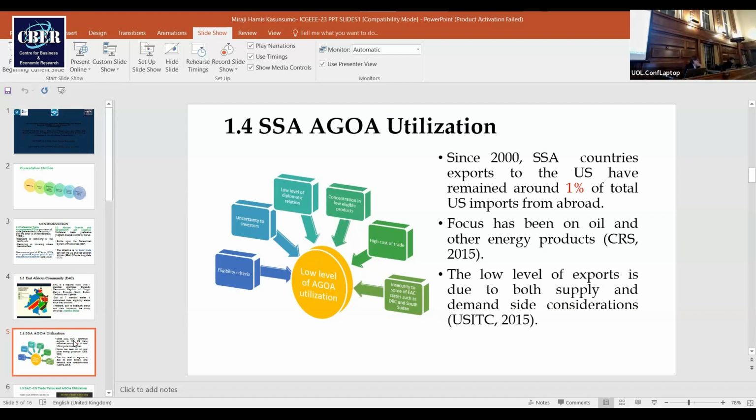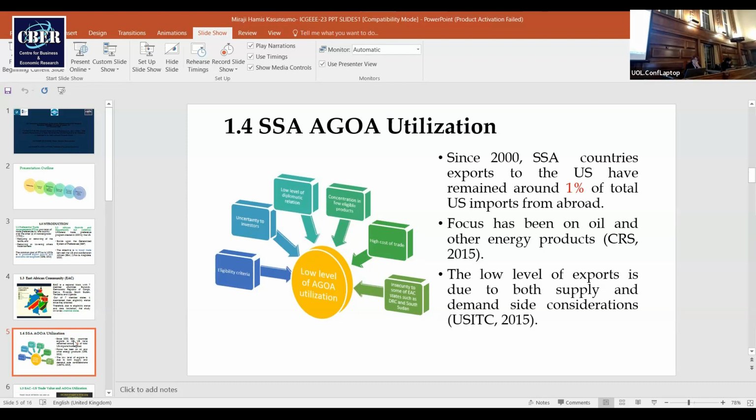On the supply side, we are talking about factors emanating from sub-Saharan African countries, such as eligibility criteria, where some members have been banned by the US. For instance, in the year 2018, Rwanda was banned from exporting apparel to the USA through AGOA because of the measures taken by Rwanda to ban the importation of second-hand clothes.